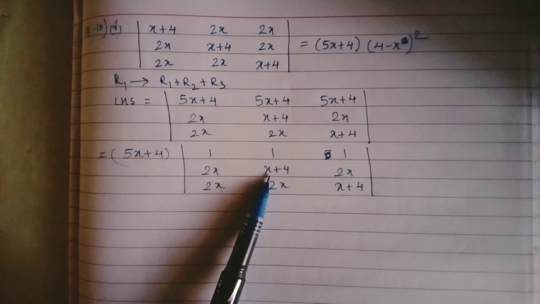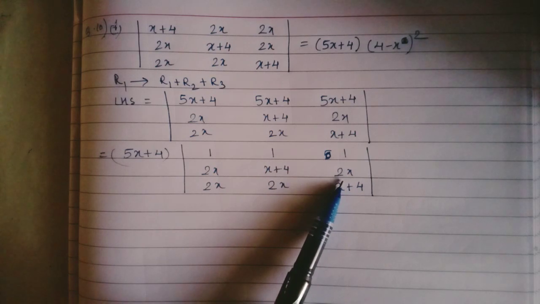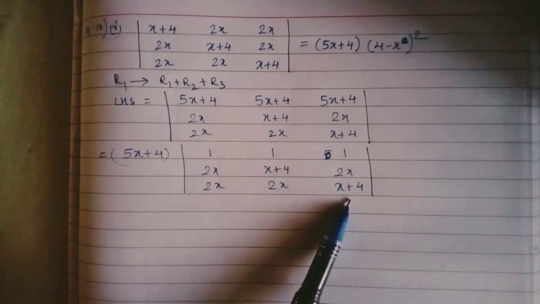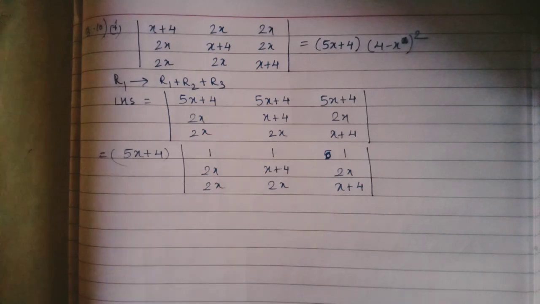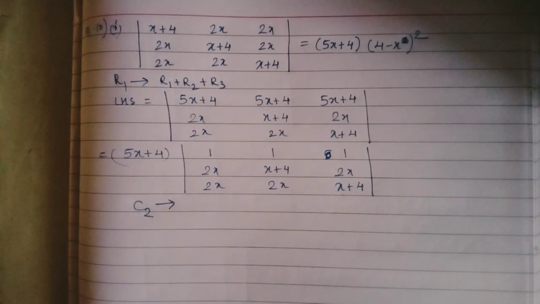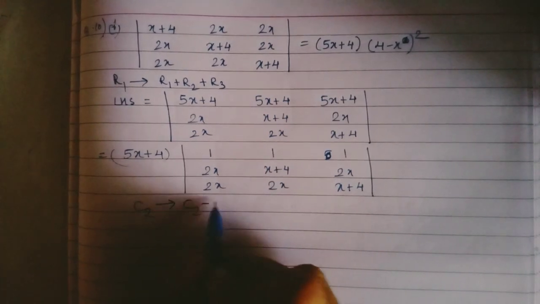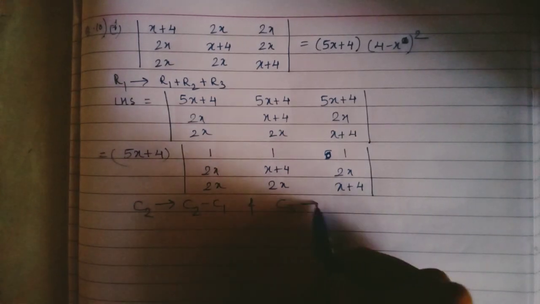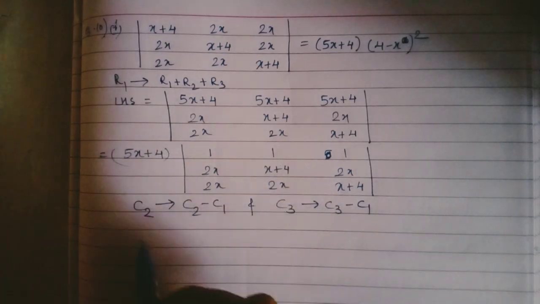4 minus x, right? Again here it will be 0, 2x minus 2x. Then for this term you will get again 4 minus x, correct? So operating along C2, okay, so C2 minus C1, and operating along C3, C3 minus C1.